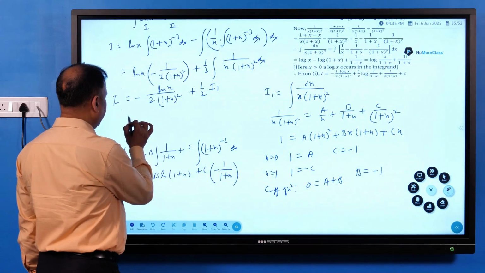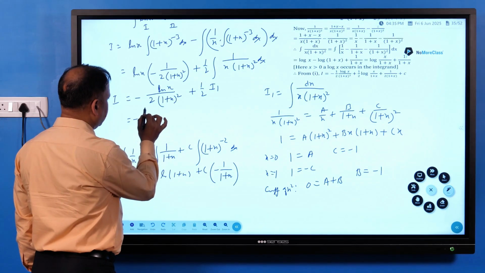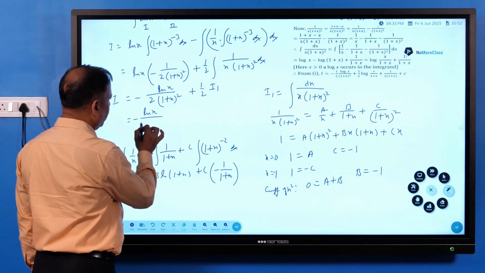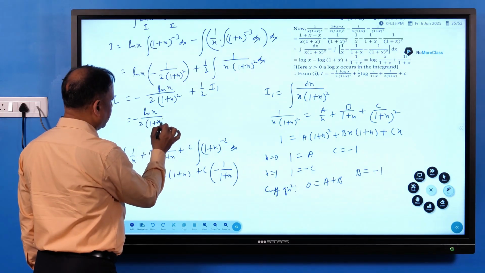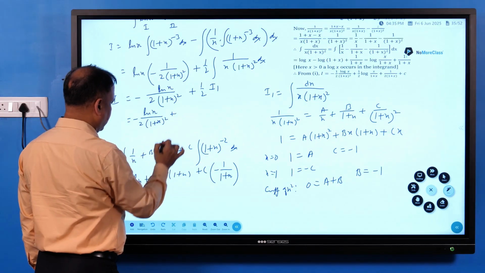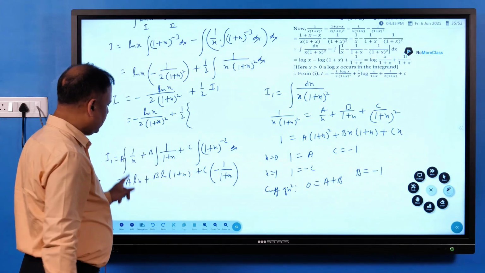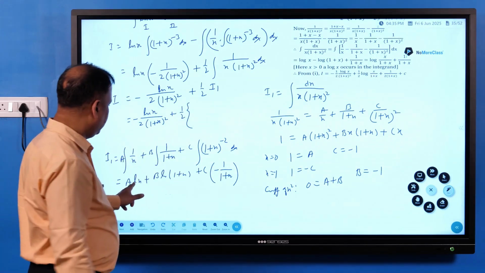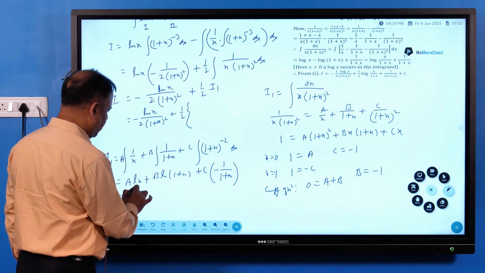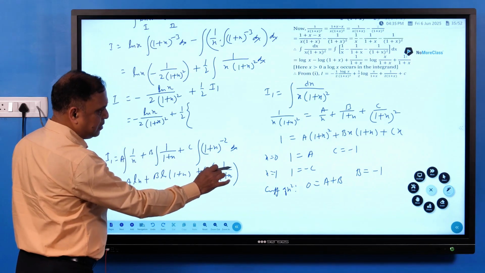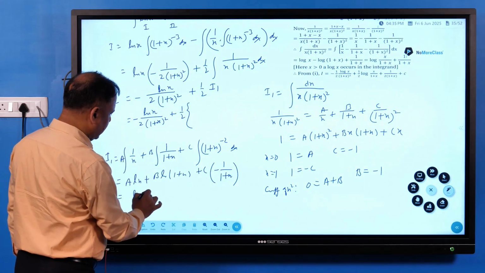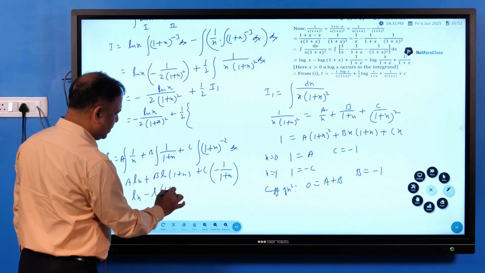So you will get this final answer: minus log x upon 2 into 1 plus x whole square plus 1 upon 2 of I1. What is the I1? Put this. First a. What is a? A is 1. So log x. So I am putting this here only. Log x. B is minus 1 I think. So minus log of 1 plus x.